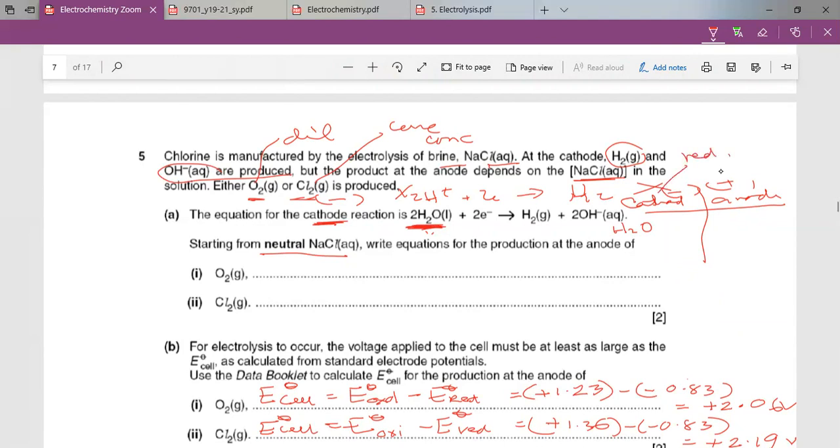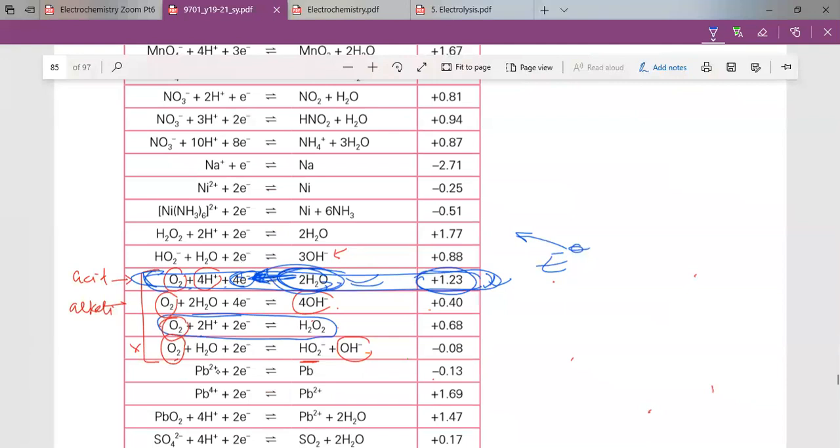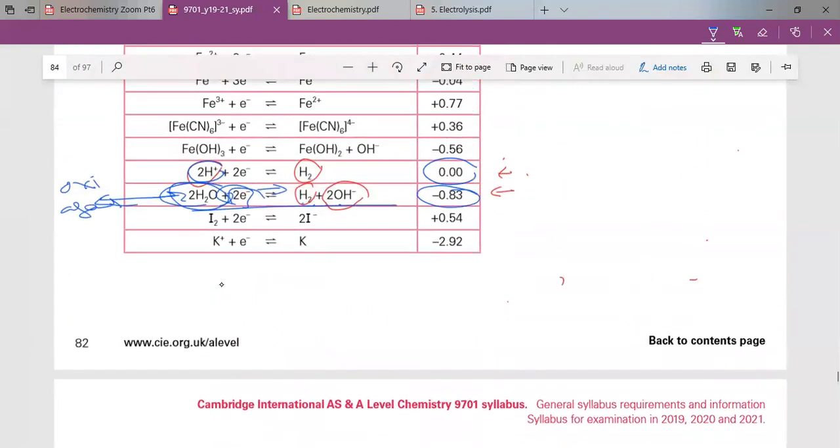Now I've got to write this whole thing here. So what's the E for this one here? Water plus, I teach how to see, it's not here because this is giving electrons. See, they are quoting you this one here: 2H2O plus 2 electrons give you H2 plus OH minus.